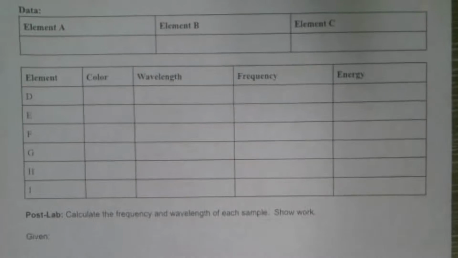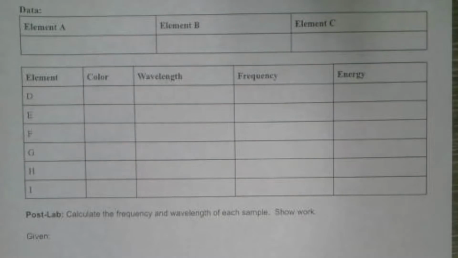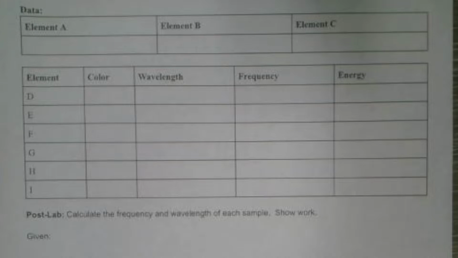So basically what we did, we had 6 different elements. We would expose those elements to an open flame, and then it would produce a specific color of light.